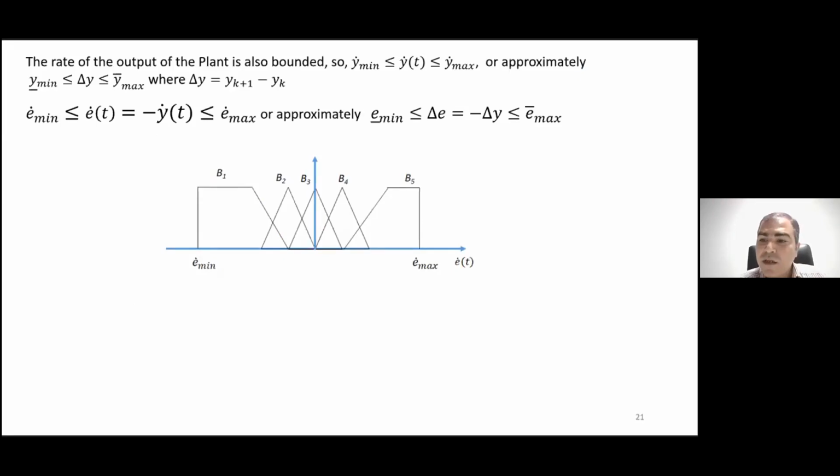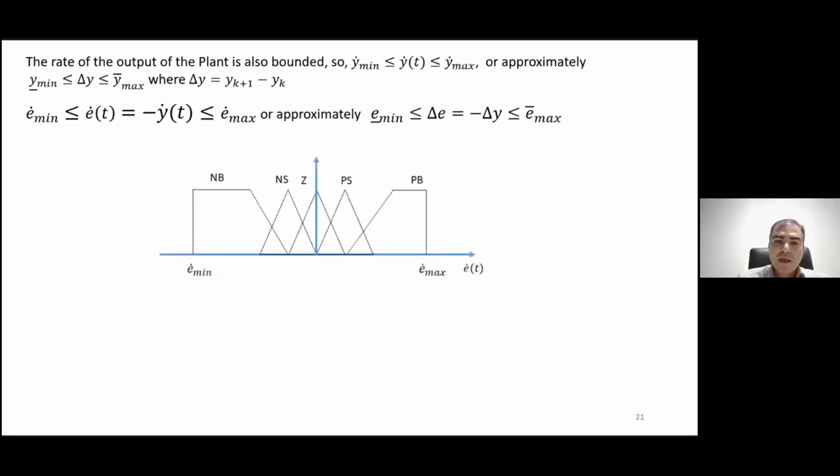Note that we don't need to find the exact value of the derivative of output. Its approximation is also okay.